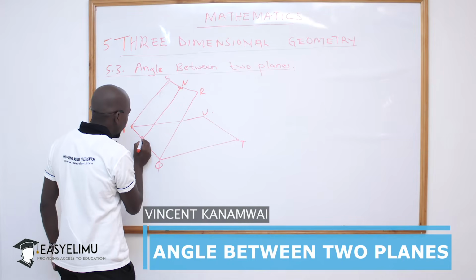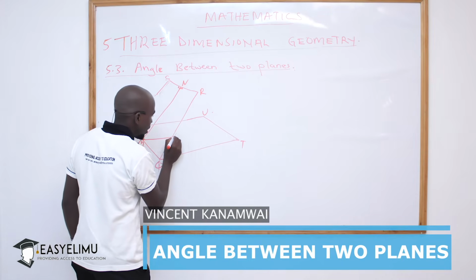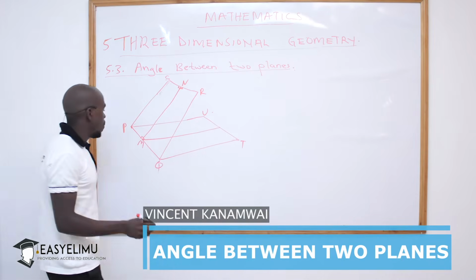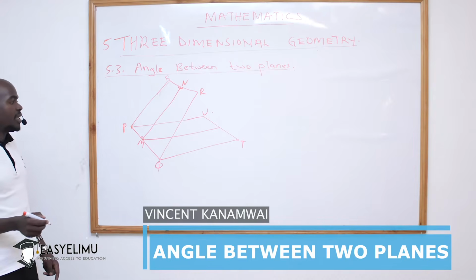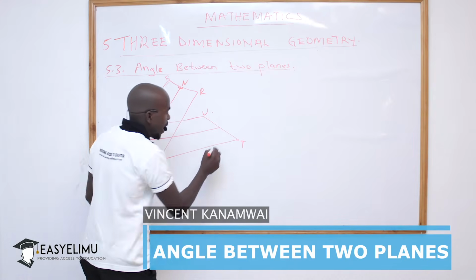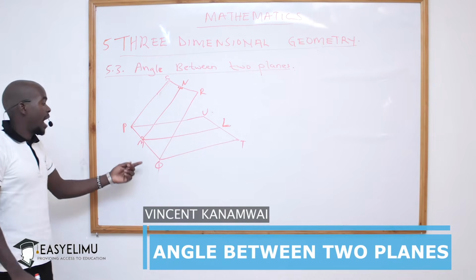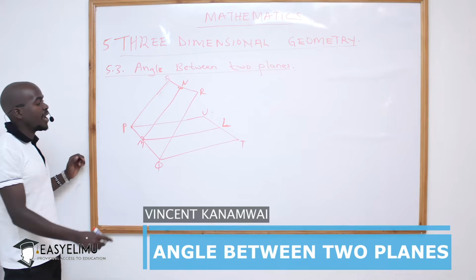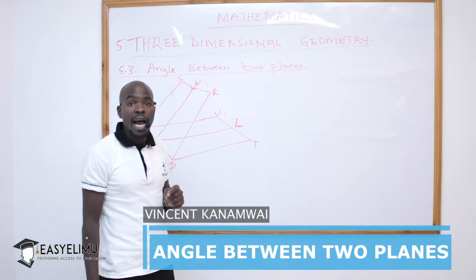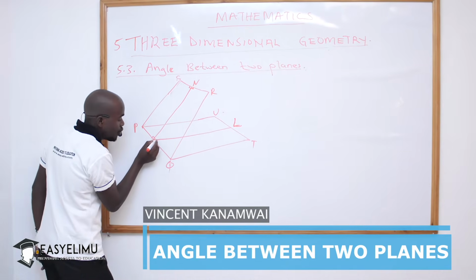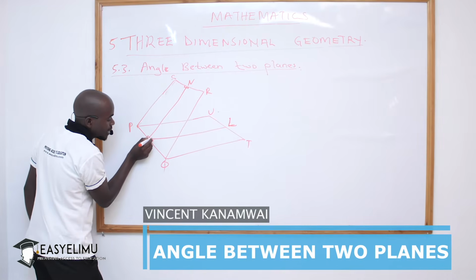We may also have a line at the same intersection which cuts plane PQTU at LM. Let's say this one is L and this is M. You find it also cuts that plane at a right angle.